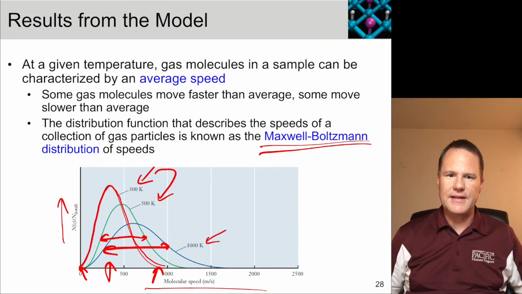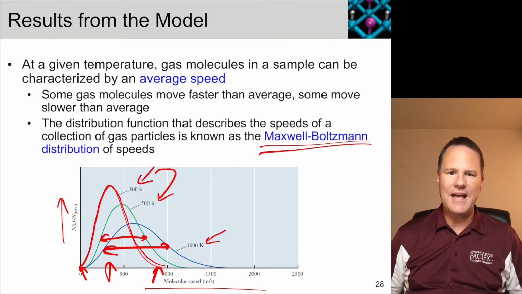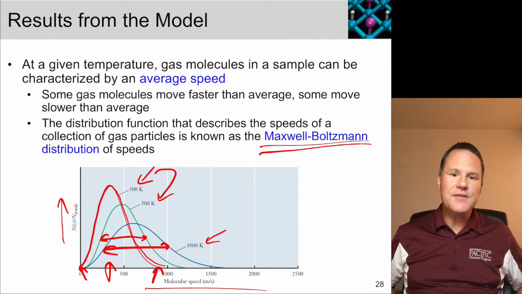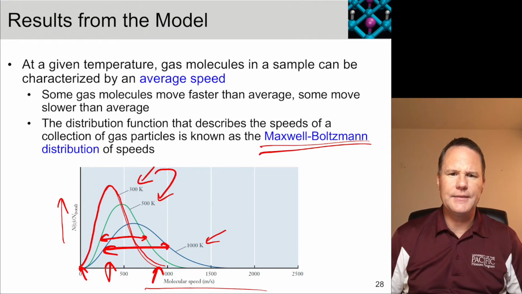So there are two effects. One effect is, as I increase the temperature, the average velocity or average kinetic energy increases. Two, also the width of the distribution increases. At higher temperatures, I have a much wider distribution. And that is, for example, one of the reasons why in my field, when I do research, I measure stuff about ions in the gas phase that are energy selected.